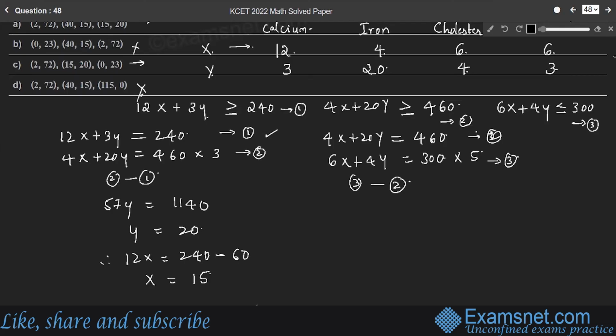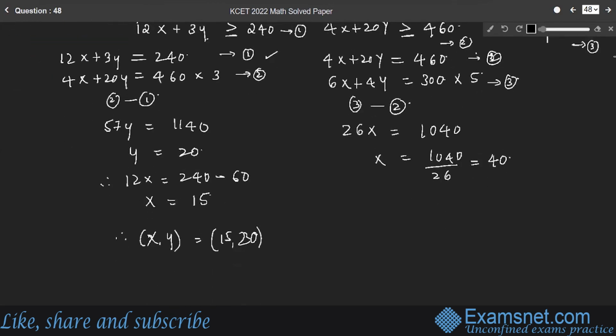Therefore, the coefficient of x becomes, in equation 3, 30x minus 4x, which is 26x, is equal to 1500 minus 460, which is 1040. Therefore, the value of x becomes 1040 by 26. 26 into 4 is 104, so x becomes 40.